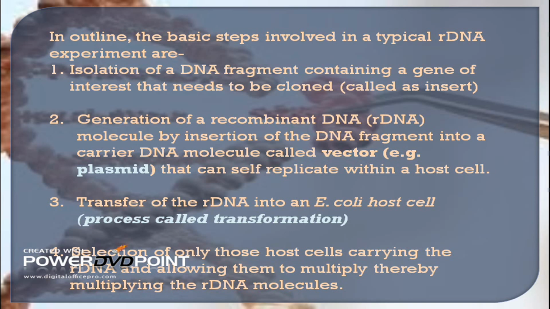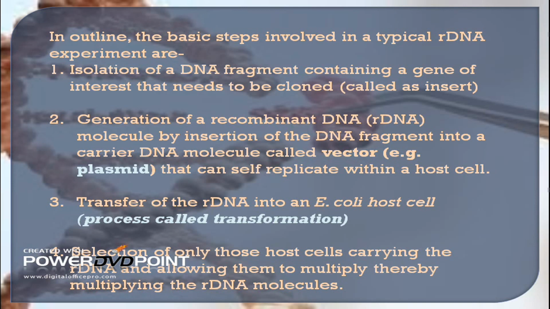Number 2, generation of a recombinant DNA molecule by insertion of the DNA fragment into a carrier DNA molecule called a vector. So what is a vector? A vector can be any DNA fragment that can self-replicate within a host cell, for example, a plasmid.